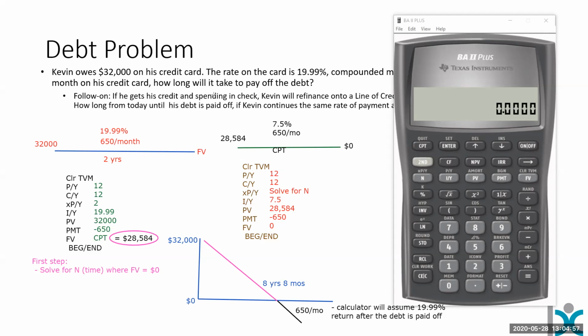And I've starred that, because that was a point that we all were very confused about last week. So that's still the same. I'm not changing that. That's what this is, right? So this, well, then why isn't the present value of 28,000 negative? Because, okay, so there's always been a point at which, like, Kevin didn't just wake up one day with $32,000 of debt on his credit card, right?